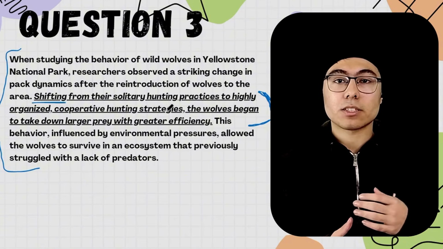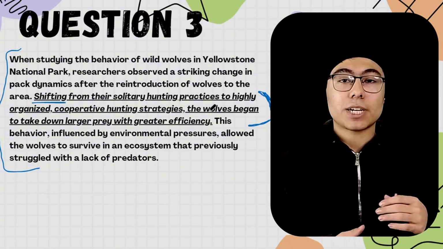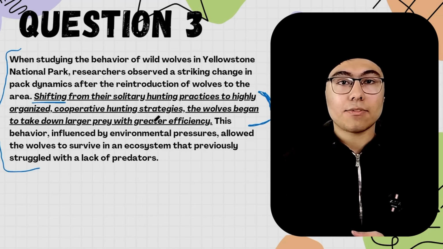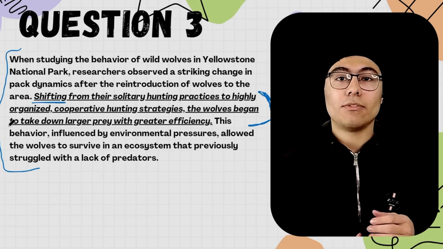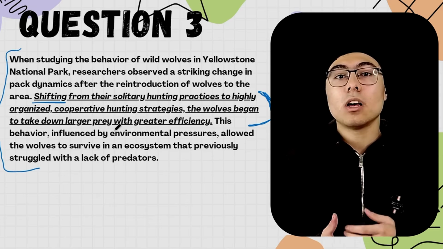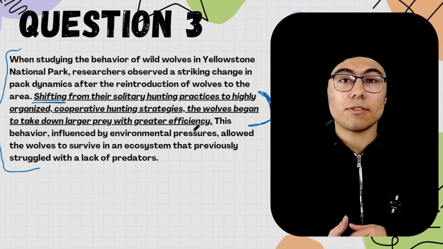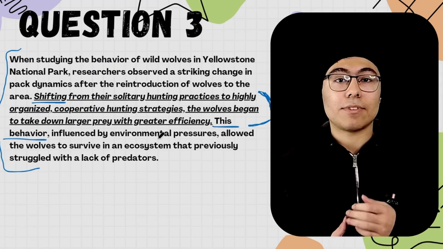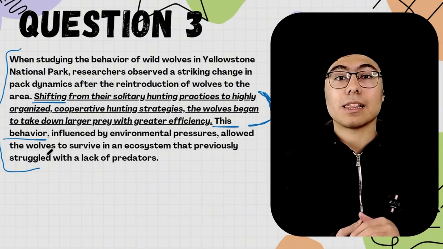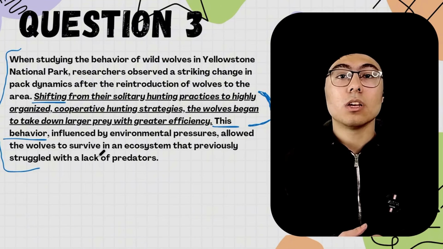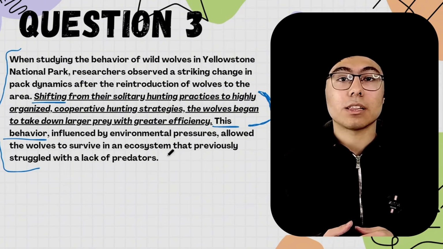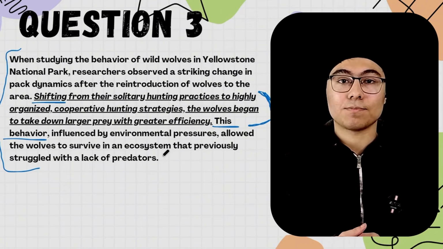Shifting from their solitary hunting practices to highly organized cooperative hunting strategies, the wolves began to take down larger prey with greater efficiency. This behavior, influenced by environmental pressures, allowed the wolves to survive in an ecosystem that previously struggled with a lack of predators.